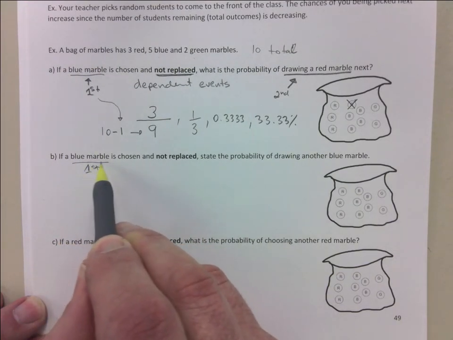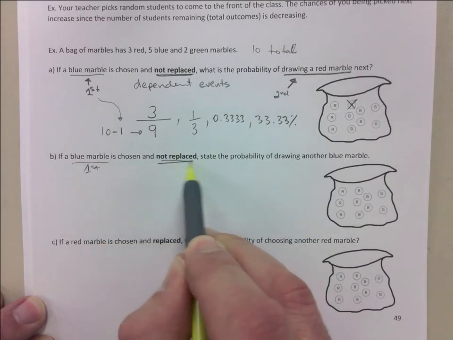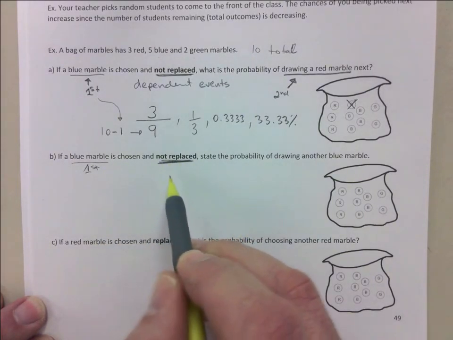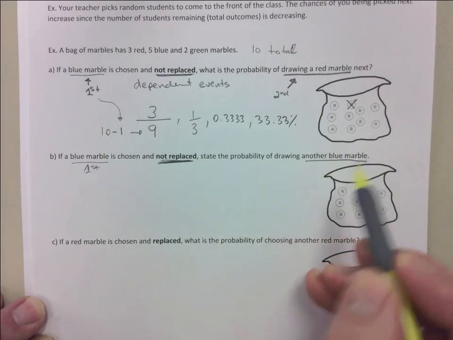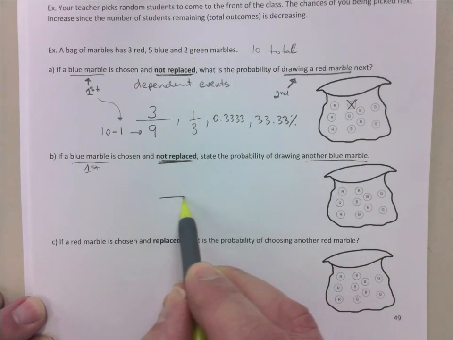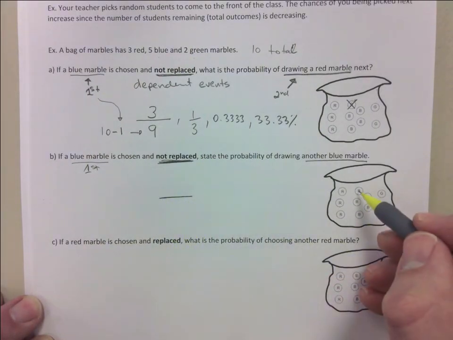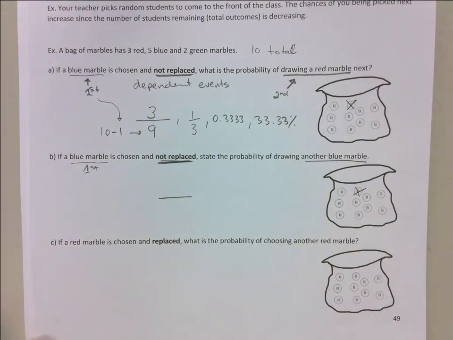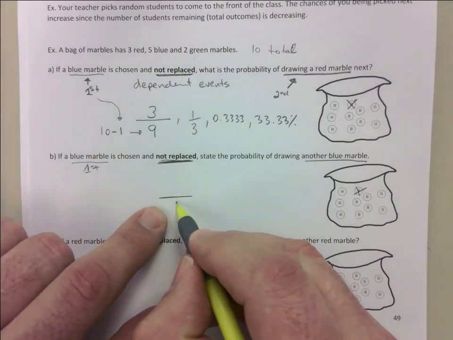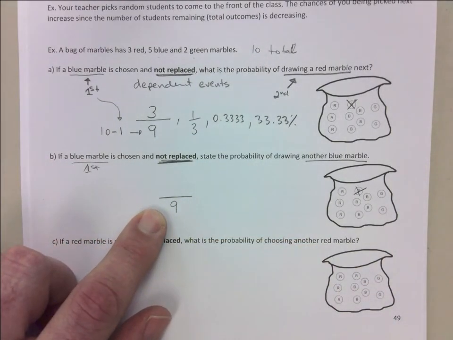Similar scenario. This is your first case. You grab a blue marble. You do not replace it. Emphasis on that. State the probability of drawing another blue marble. So you ask yourself, I took a blue one out, right? That is being removed. So how many are left? You're left with 9, correct?